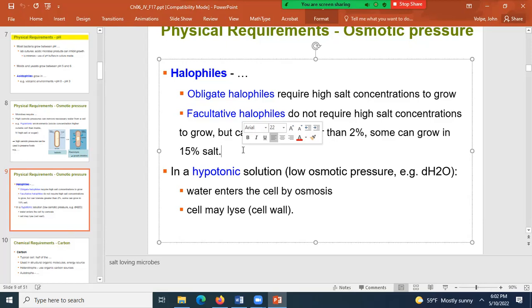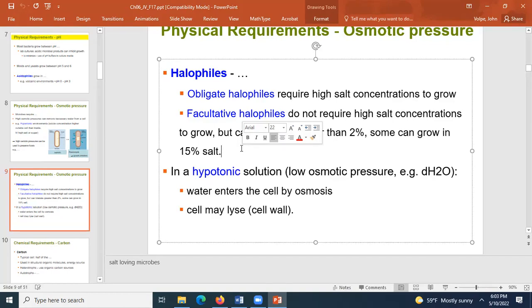In a hypotonic solution, this is low osmotic pressure, water will enter the cell by osmosis. And if the cell doesn't have a cell wall, the cell will lyse. As water continues to enter the cell, the cell membrane will eventually pop.